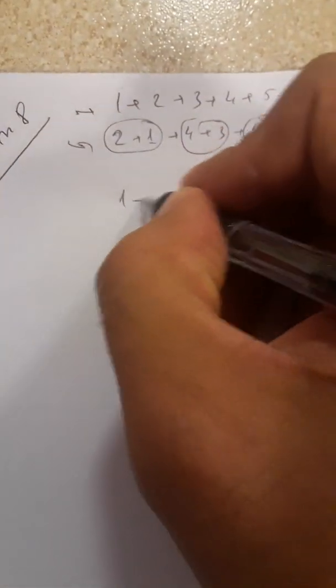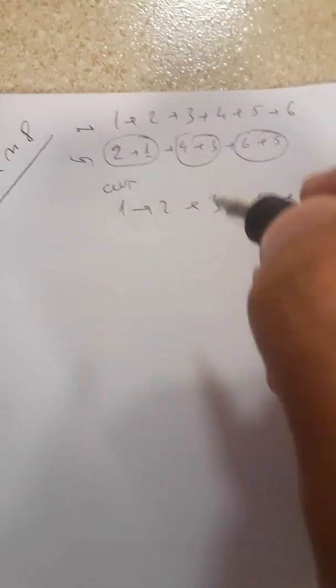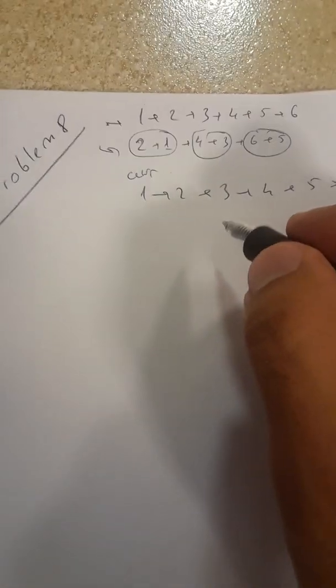So how are we going to do this? In order to swap elements pairwise, we will always start by declaring a current variable which will be pointing at the head at the beginning.